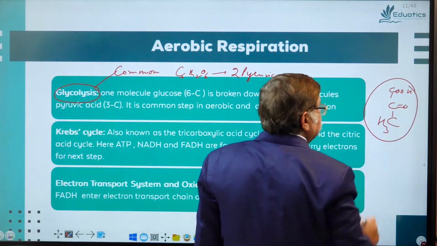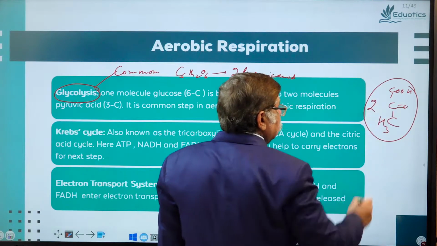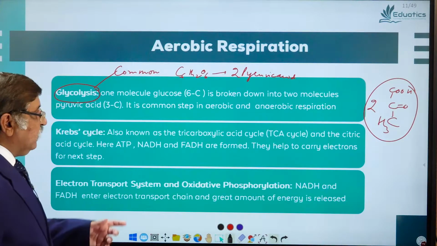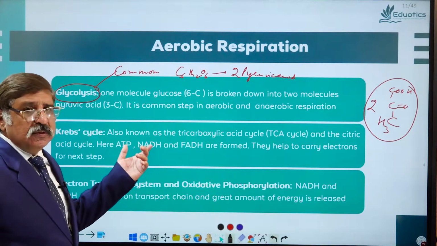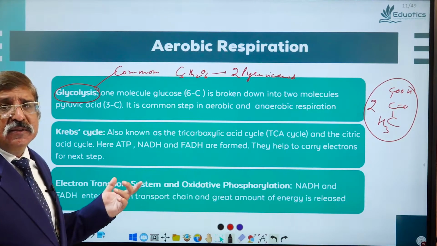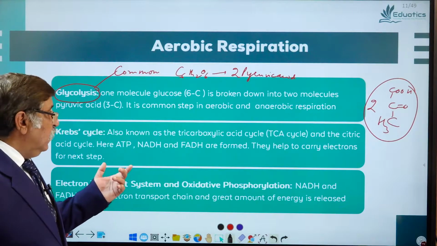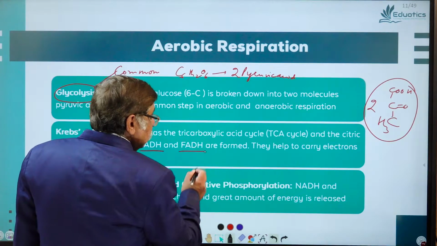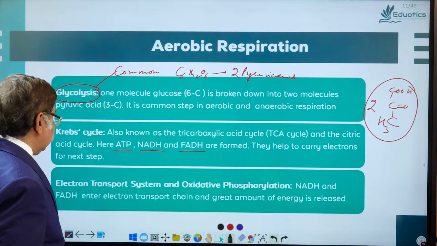It has 3 carbons. So glucose breaks into two molecules of pyruvic acid. Then this pyruvic acid enters into the Krebs cycle through acetyl coenzyme A, and there ATP, NADH and FADH are formed through the electron transport chain.